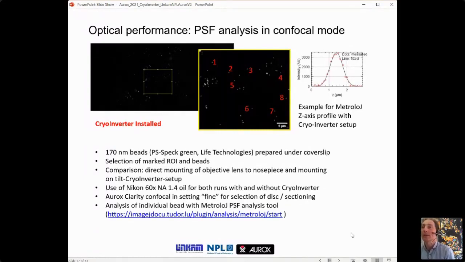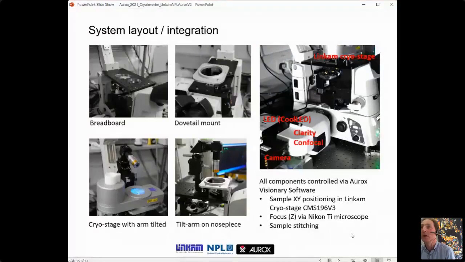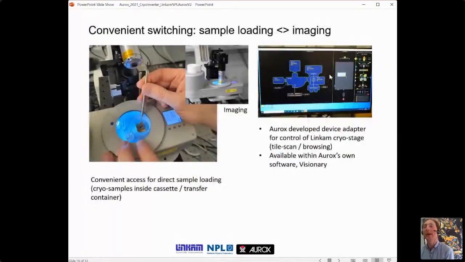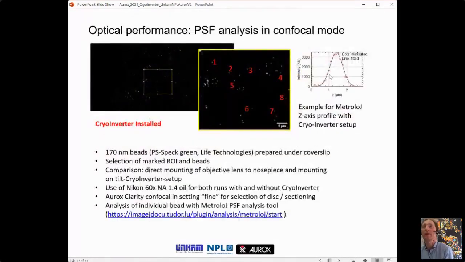We checked with beads on one comparison setup where we mounted the lens directly on the nose piece and scanned the beads with the immediately mounted design, and of course the other one where the CryoInverter setup is in place.